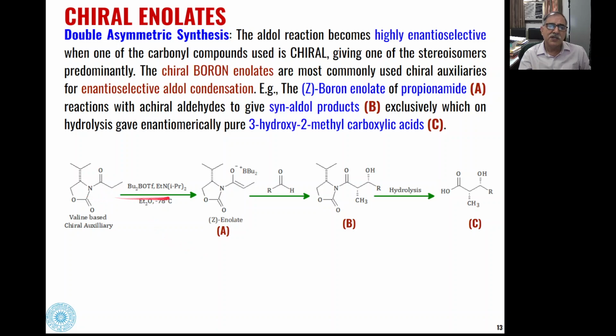So when these are reacted with boron based reagents, the chiral boron enolates are formed, and because of the stereochemistry of these enolates, the Z enolate is preferred, and then this Z enolate adds to the other carbonyl compound to give us these types of intermediate aldol products, which on hydrolysis give us the aldol products in enantiomerically pure form.